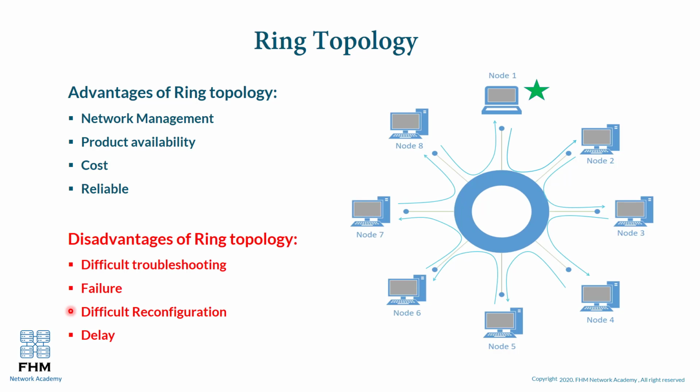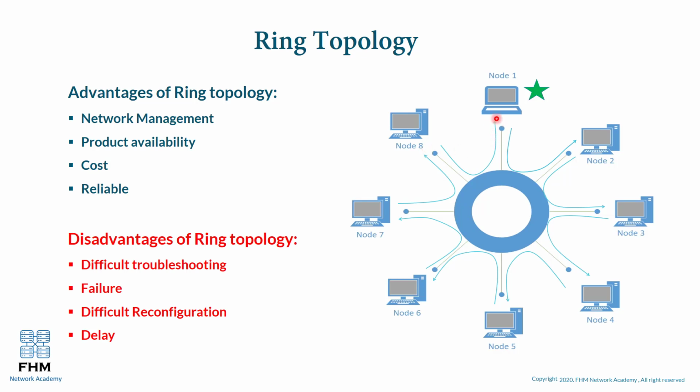The last one is delay. Communication delay is directly proportional to the number of nodes. Adding a new device would increase the communication delay, since the data or signal should be sent from node 1, for example, to node 8, node by node.